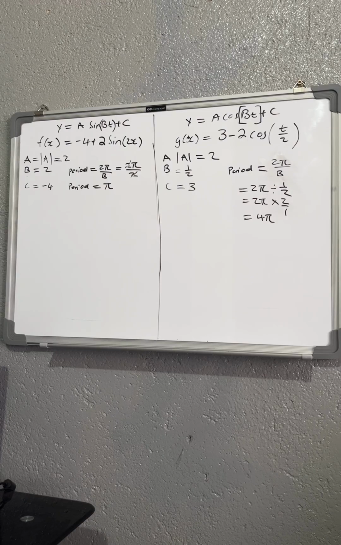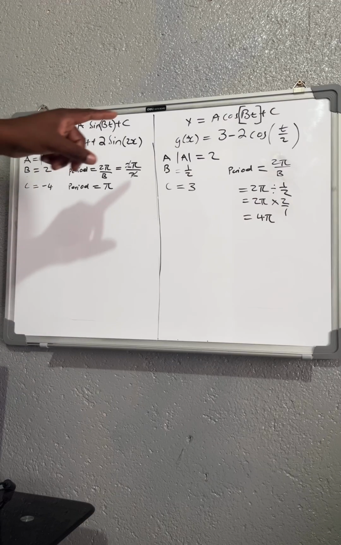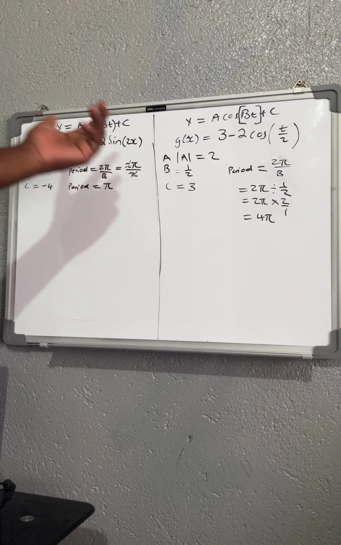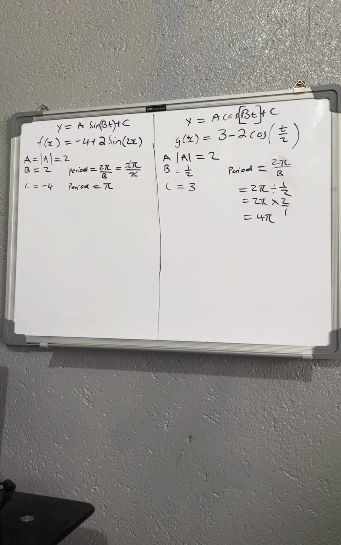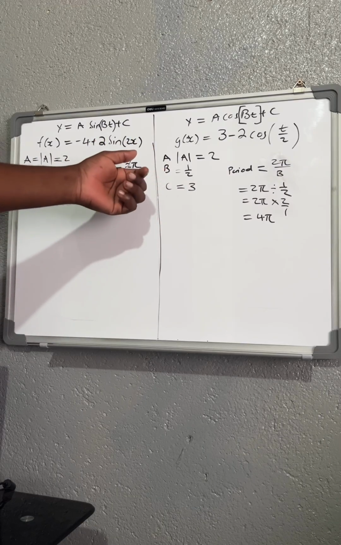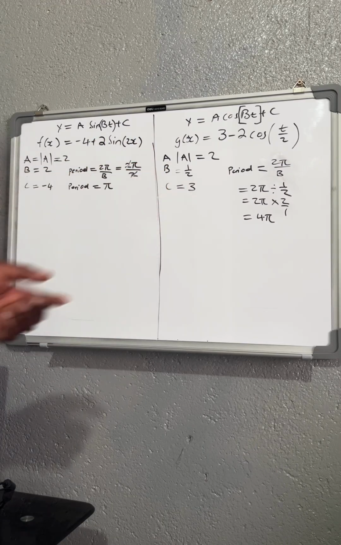So I just hope from this part now, you were able to follow along on how we are finding all these values, because as I said, they can just ask you randomly in your MCQ what is your amplitude A, what is your value for B, what is your vertical shift.